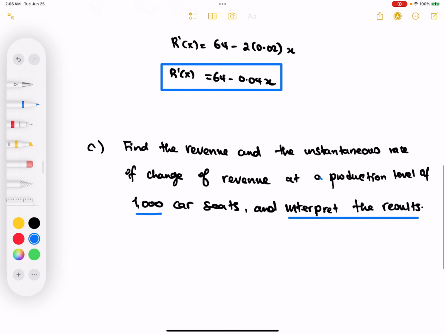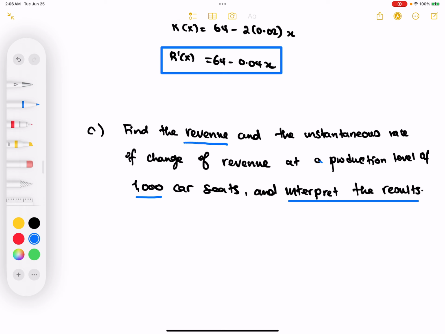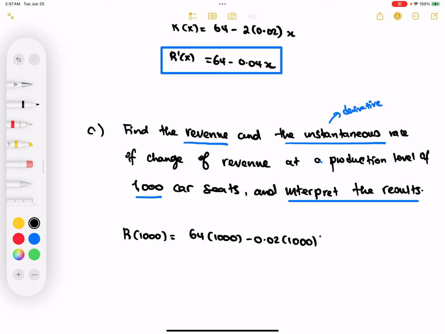What is the other question? Okay. Find the revenue and instantaneous. Instantaneous, now this is derivative. The keyword here: instantaneous, or we call it marginal. So the instantaneous rate of change of revenue at a production level of 1,000 car seats, and interpret. So we have already calculated R at 1,000: we plug in 64 times 1,000 minus 0.02 times 1,000 the whole square.